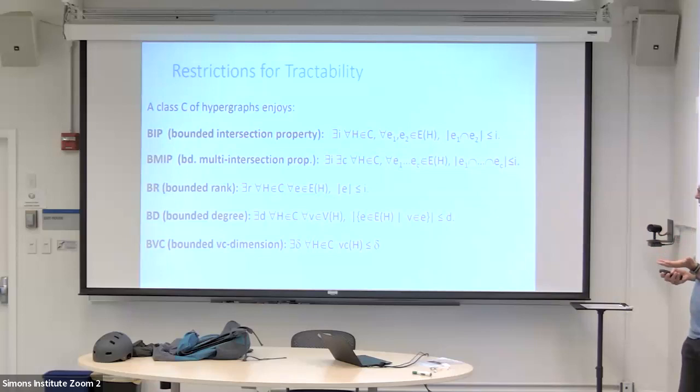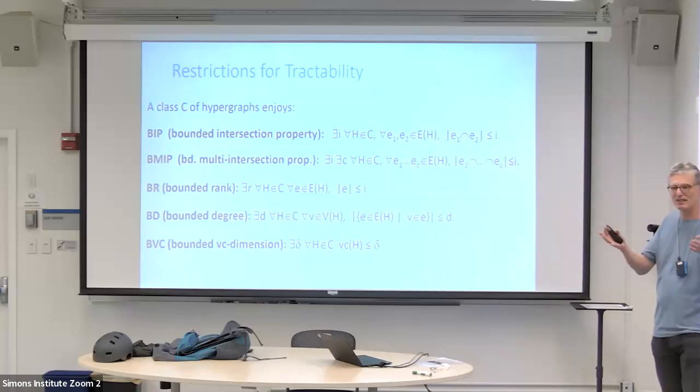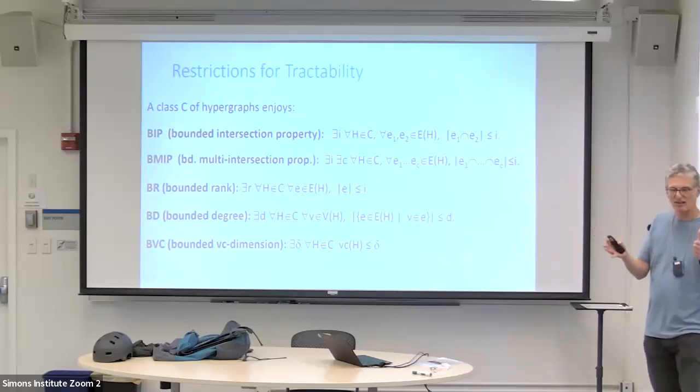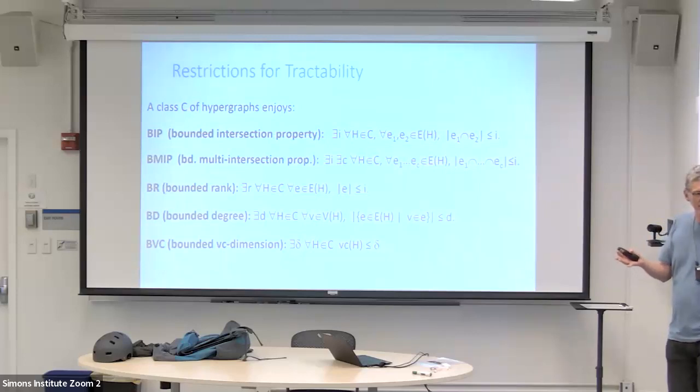Yeah. Then bounded multi-intersection means we are a bit more liberal. A constant number of atoms do not share more than a bounded number of variables. Bounded rank means, so it's essentially arity, yeah? The rank of a hypergraph is the arity of the predicates of the atoms.